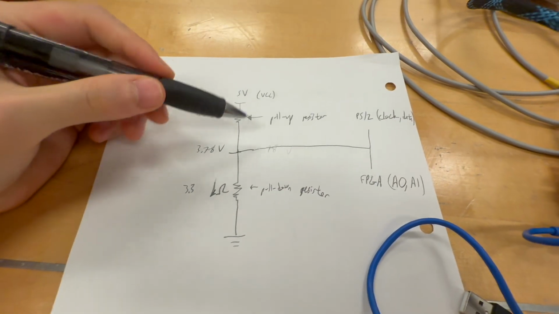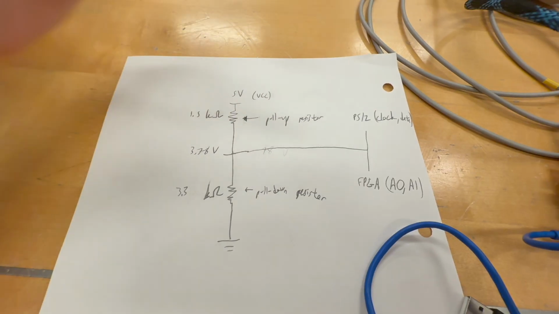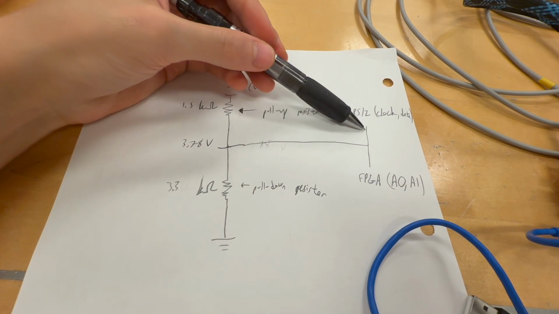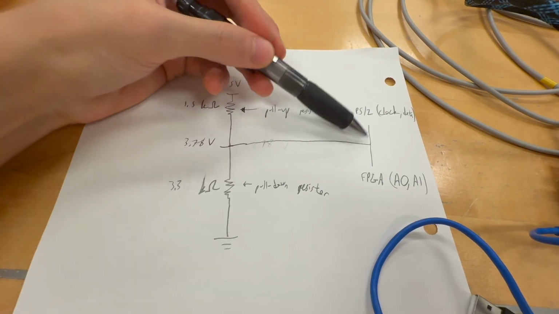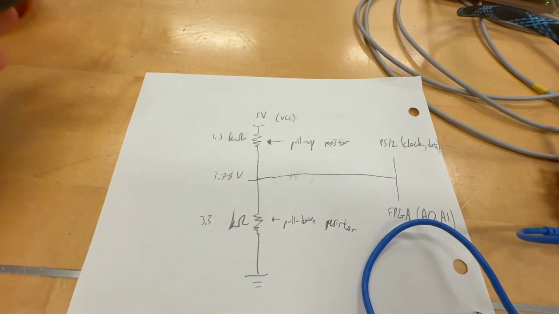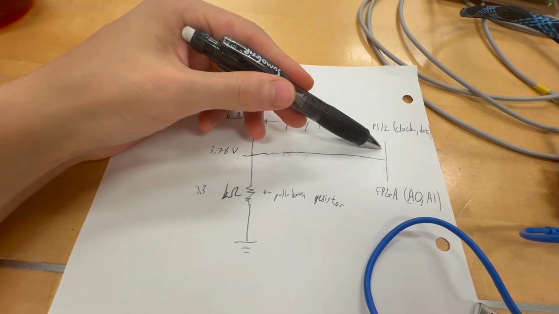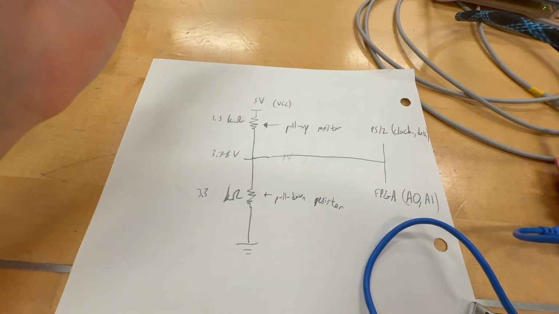The way it works is the PS2 clock and data wires and the FPGA both share this, they're both connected here. When the PS2 clock wants this to be a 1, it will just be hands off.